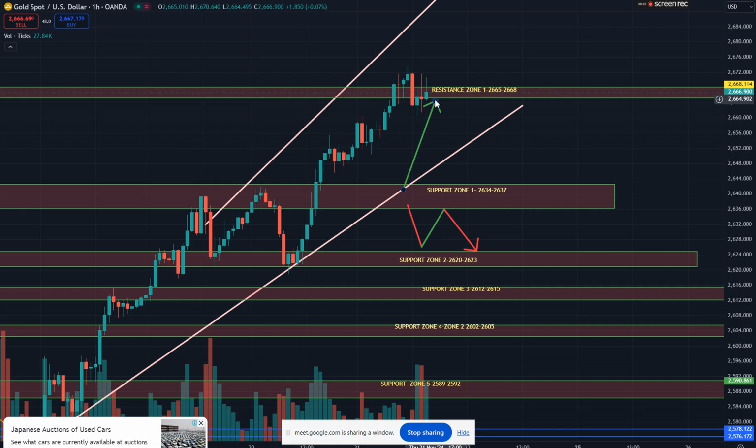When you look here, we have two zones. We have support down here, and we have resistance. So this current market, as you can see, where is this market?